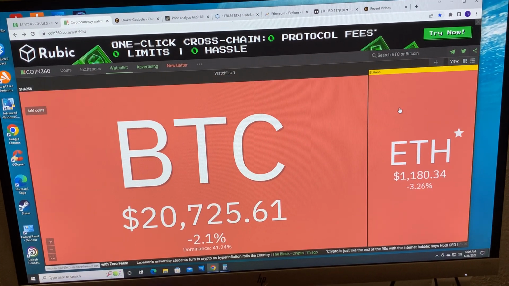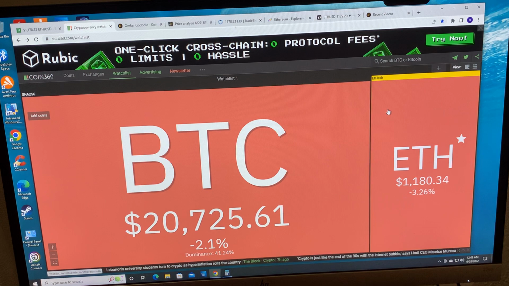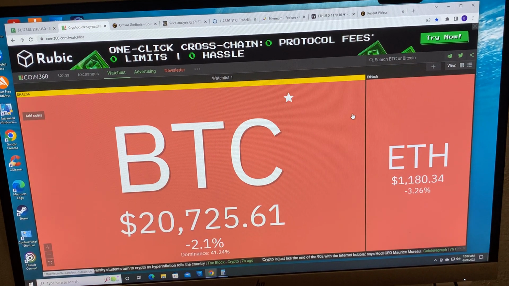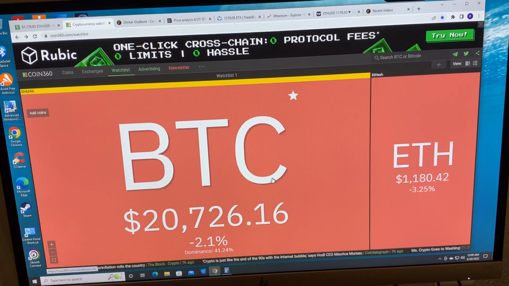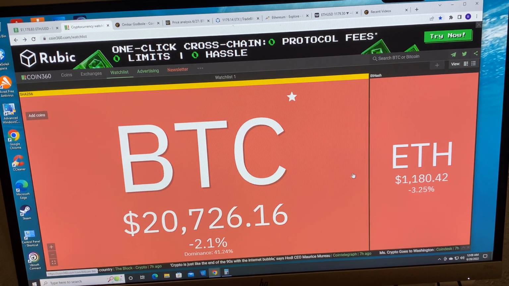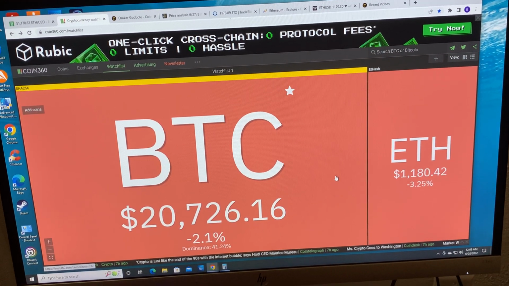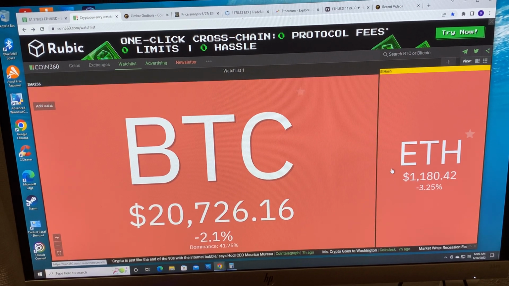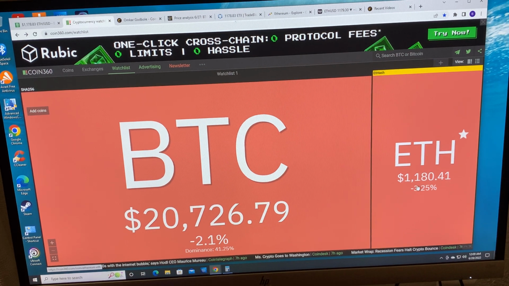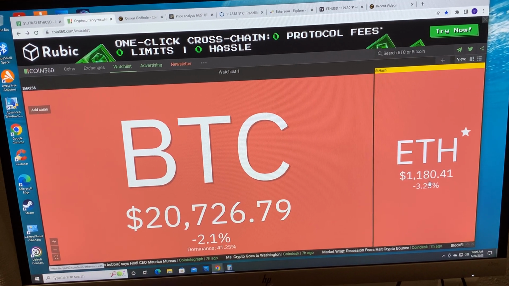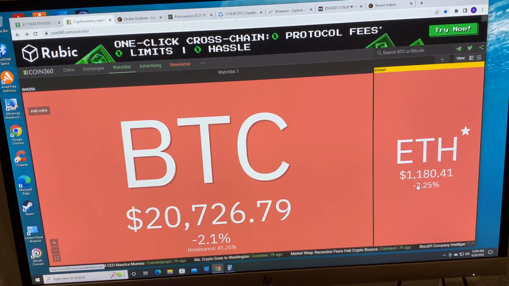Remember, there are fees. With these apps, Coinbase, Robinhood, Robinhood has a lot less fees than Coinbase, even though there's still fees. There's like $5-7 fees. So if you buy at 1180, you want to buy as low as possible.